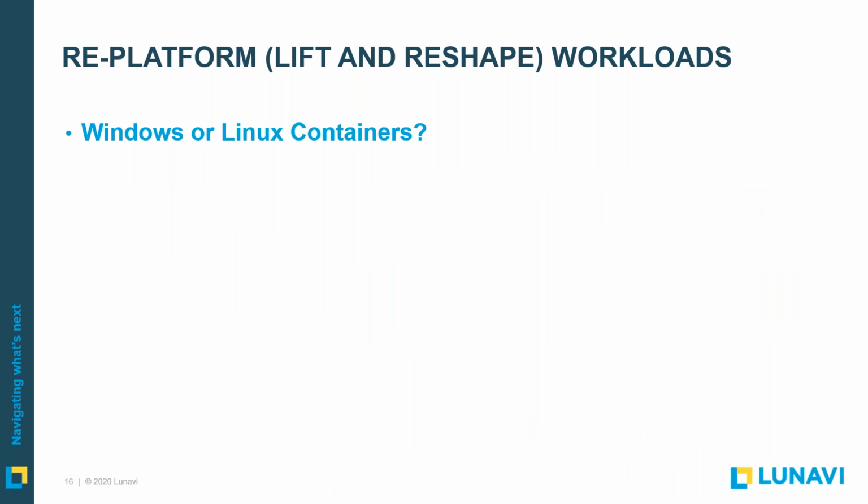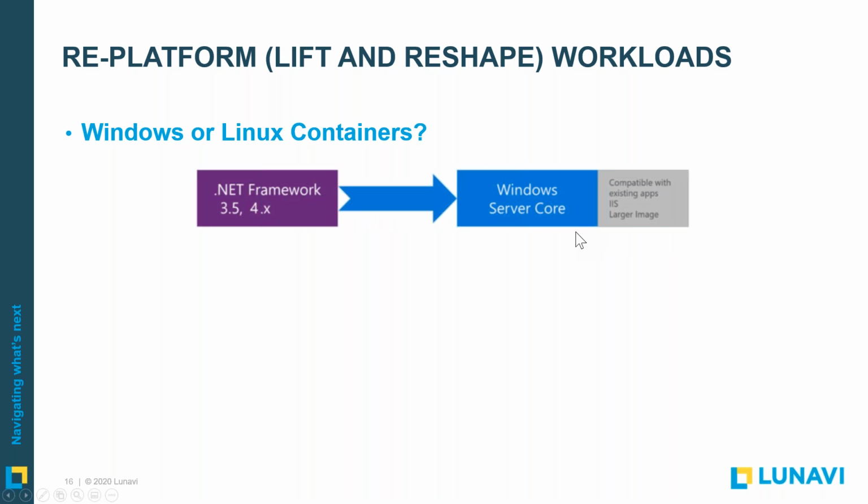So you might be wondering, what's the criteria between our Windows and Linux containers? A lot of it depends on what we're running from an application perspective. If our application's an older .NET application, we might not have the source code for, or we don't want to modify it, we can run that on a container called Windows Server Core.